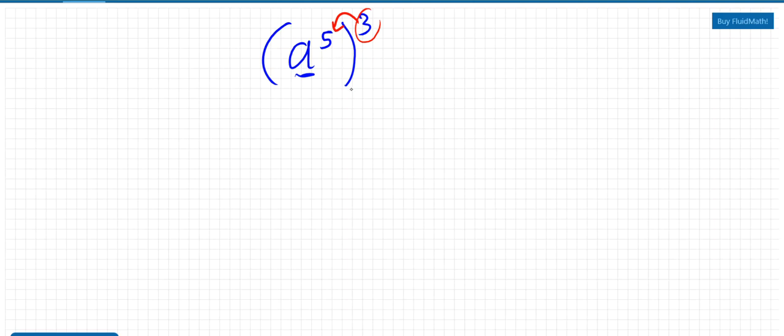In this example, I've only got one power inside. So I'm going to put a times there because a lot of students make a mistake and add them. They go 5 plus 3. You don't add them, you must multiply the powers. So my base stays the same, and I end up with 3 times 5, which is 15. And that's how the index law works. So always do an arrow and a times to remind yourself that you are multiplying.